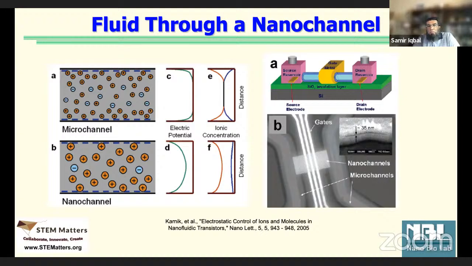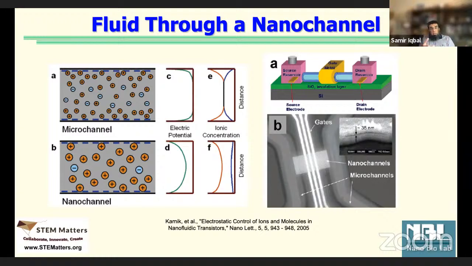So if you are pumping sodium chloride and you have a negative charge on the wall of that nanochannel, negative charge means it's going to attract more sodium inside the fluid flow. It's going to repel chloride, right? So that's where the equations break down.